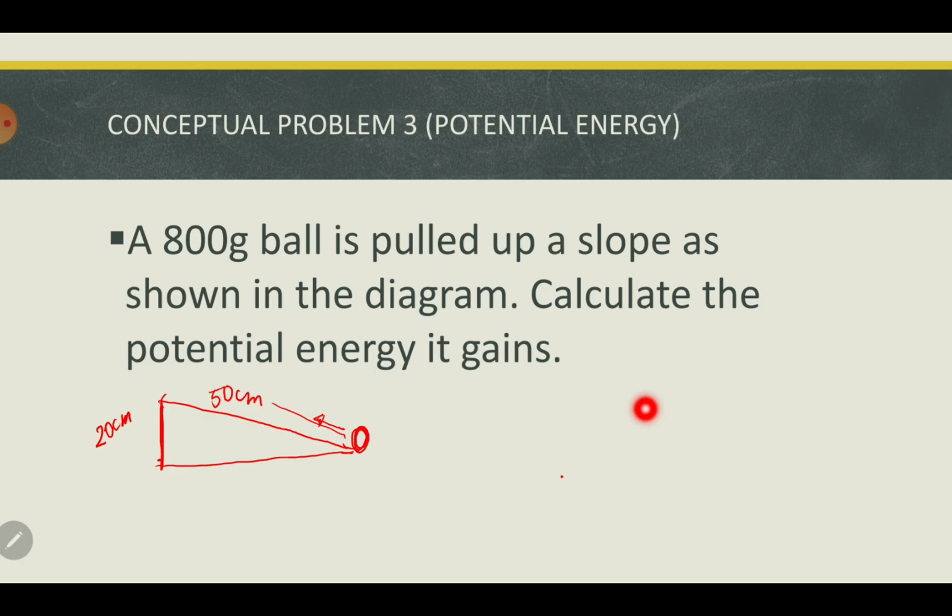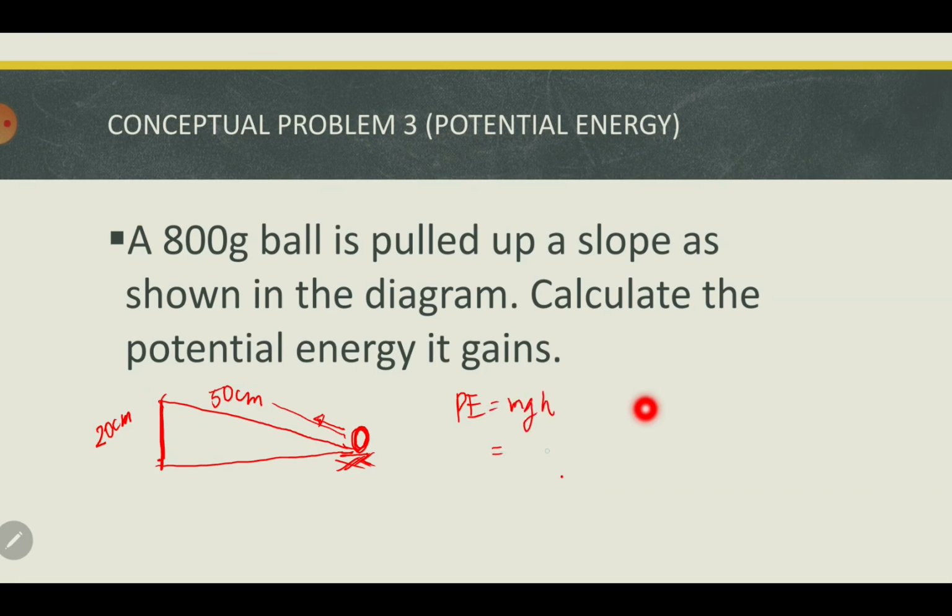As you can see, calculate the potential energy it gains from lower potential to higher potential, from the ground to a height of 0.20 meters. So your PE is equal to mgh.